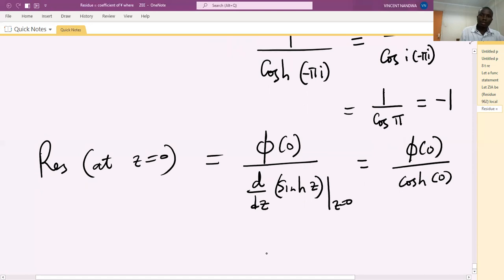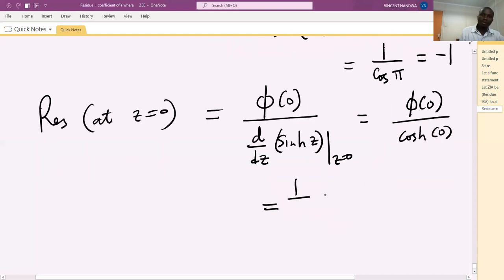The numerator at 0 is 1, and hyperbolic cosine of 0 is 1. So this gives us 1.